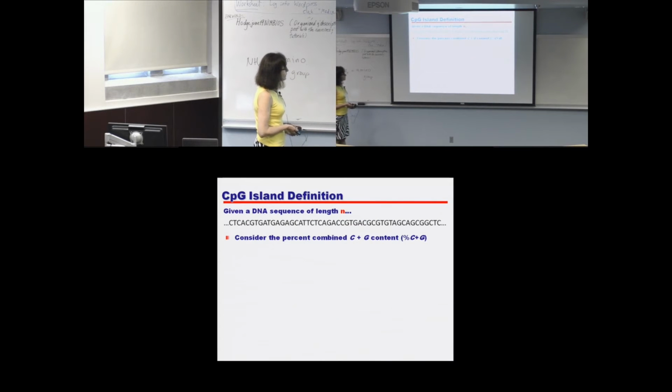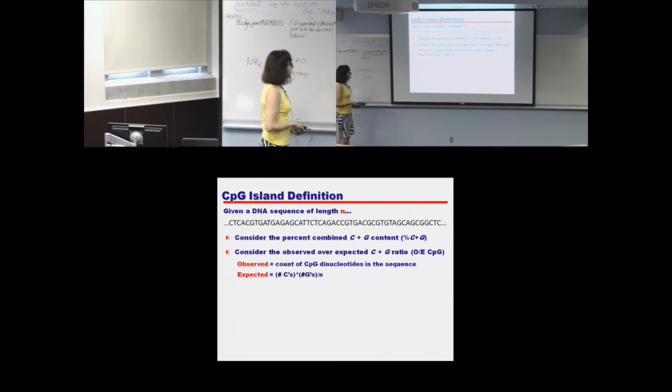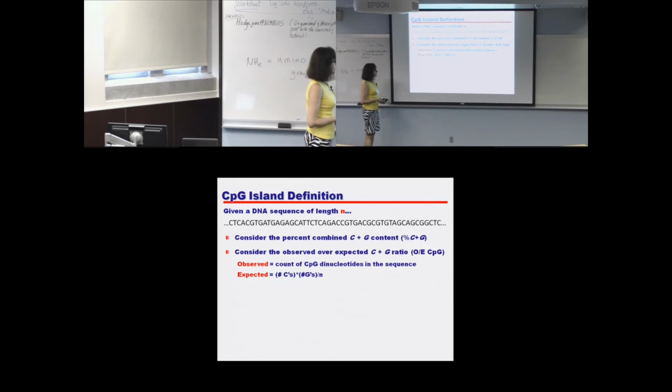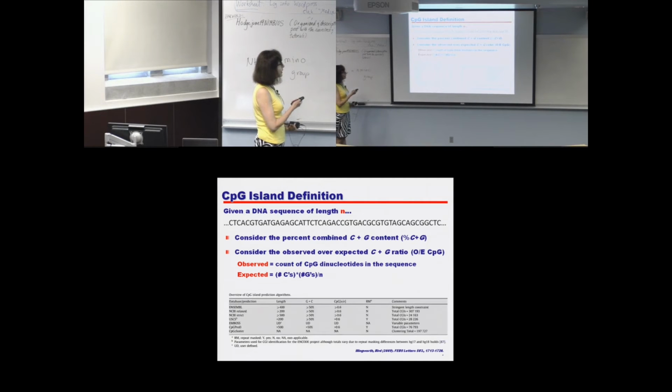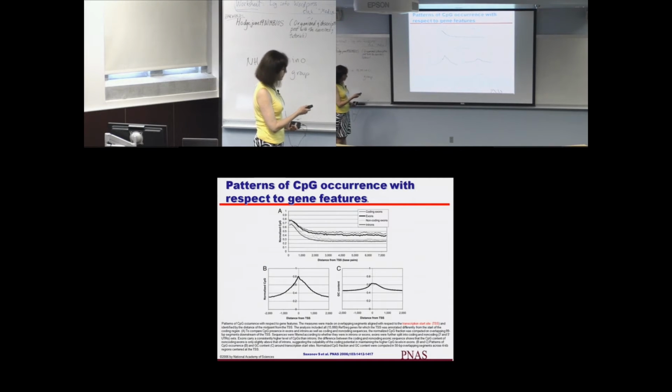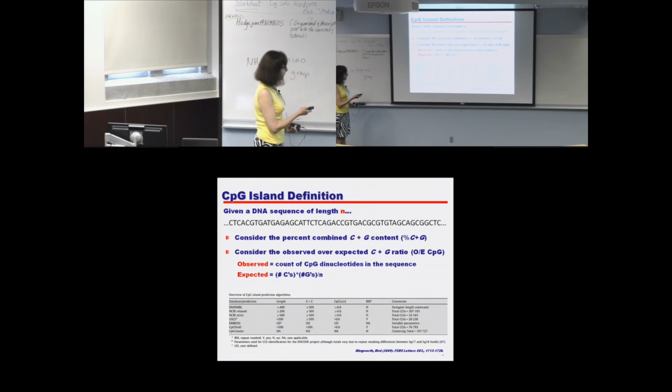And then if we consider this combined percent, one of the definitions is this. We want to have the total content be high, and we also want another characteristic which is based on the observed over expected frequencies to be there.